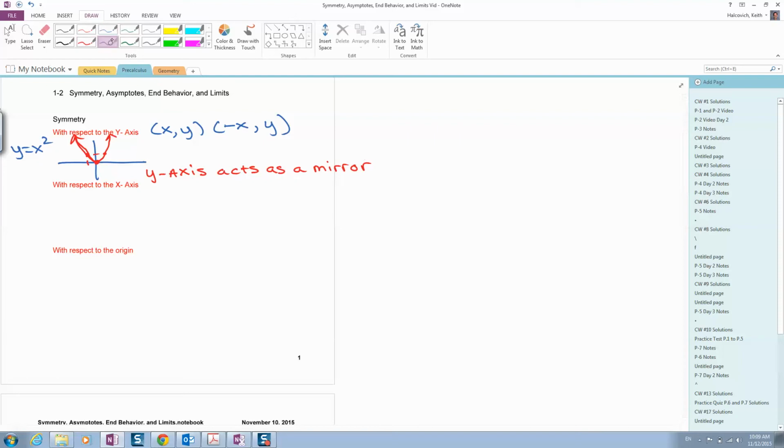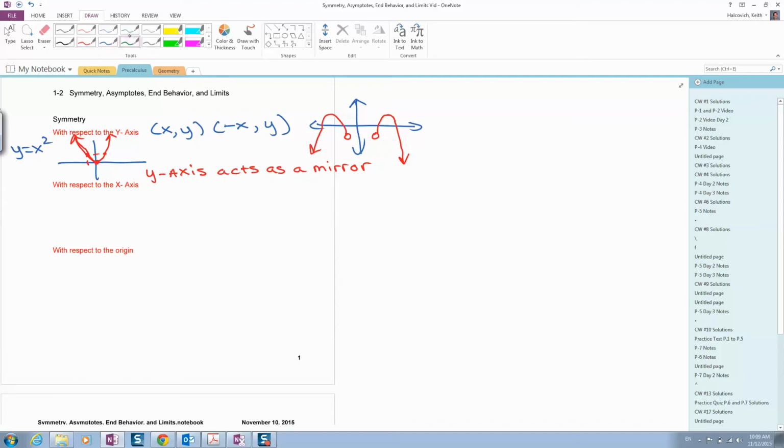Another example here, let's say I had something like this, and then I had something like that. So notice the y-axis is a mirror for the graph. That is symmetric to the y-axis.